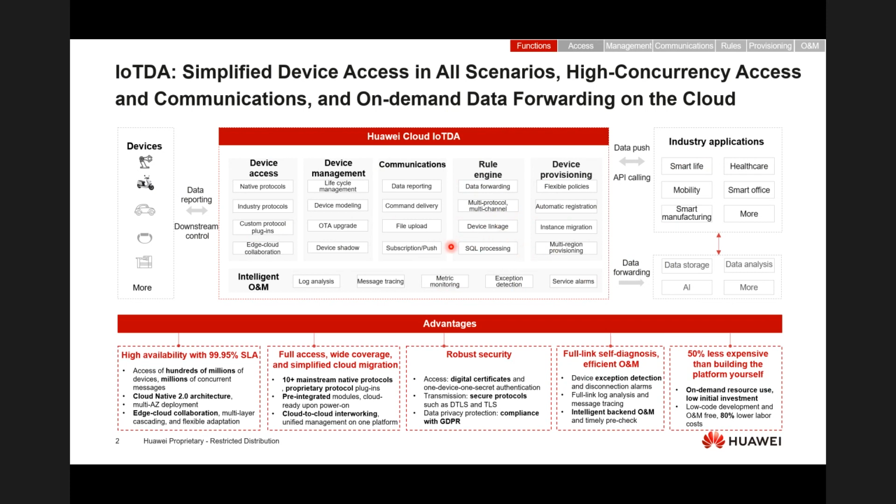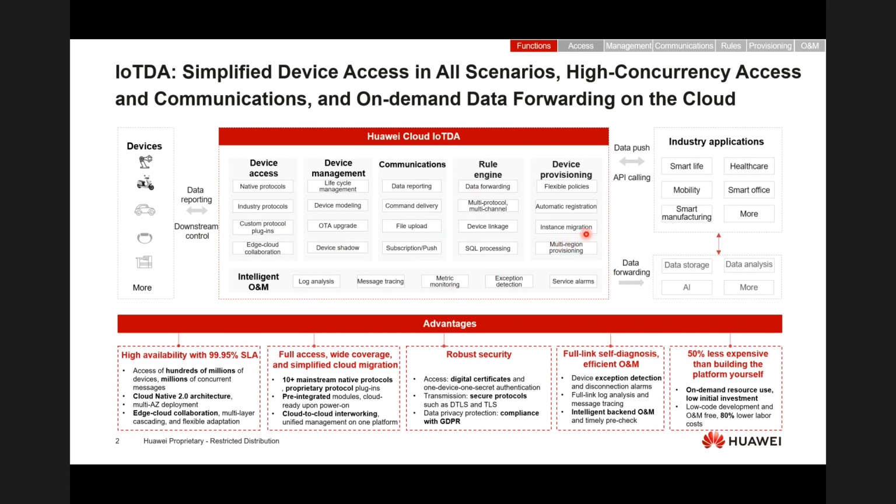For the SQL processing, that means if you are reporting data to IoTDA, you can use the SQL processing to filter your data. For example, we have a customer whose devices are vehicles. The vehicles are reporting two kinds of data. The first one is location, and the other one is speed.